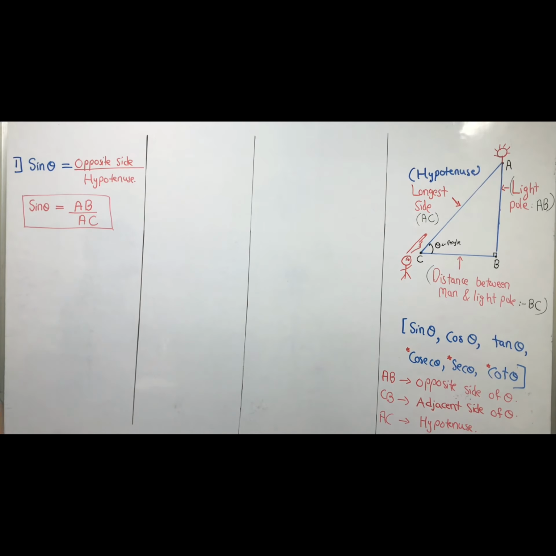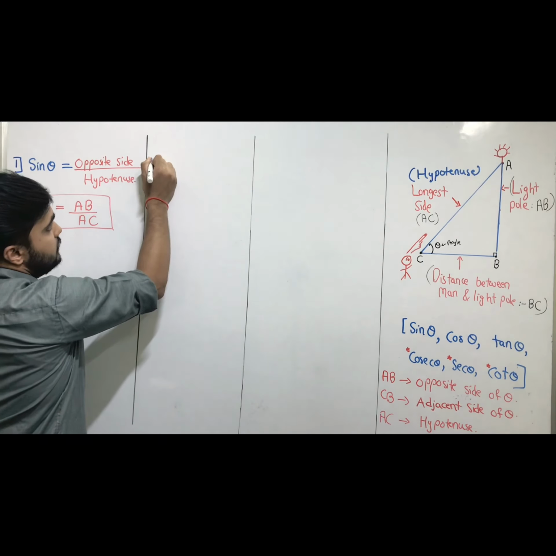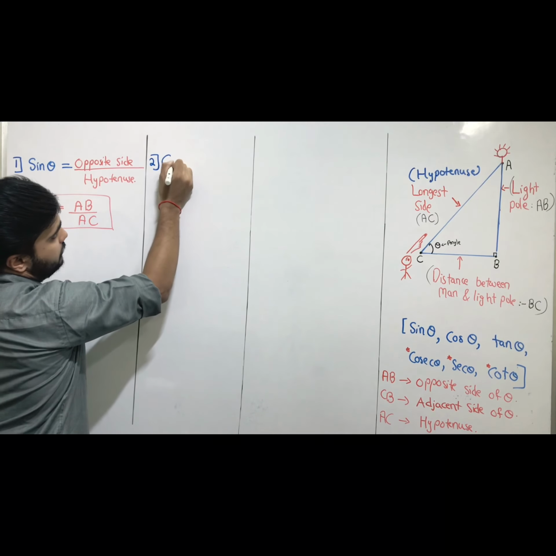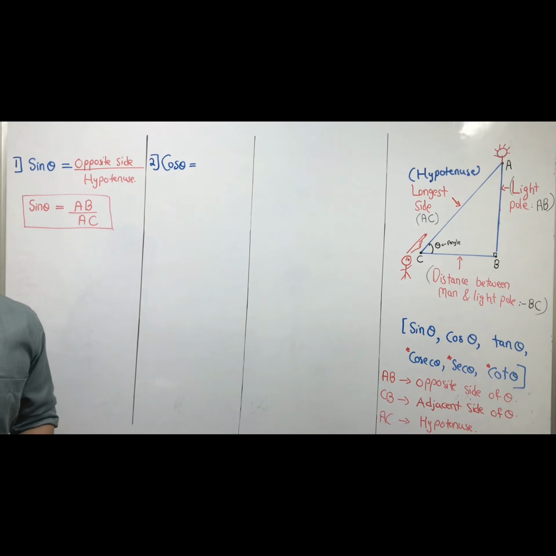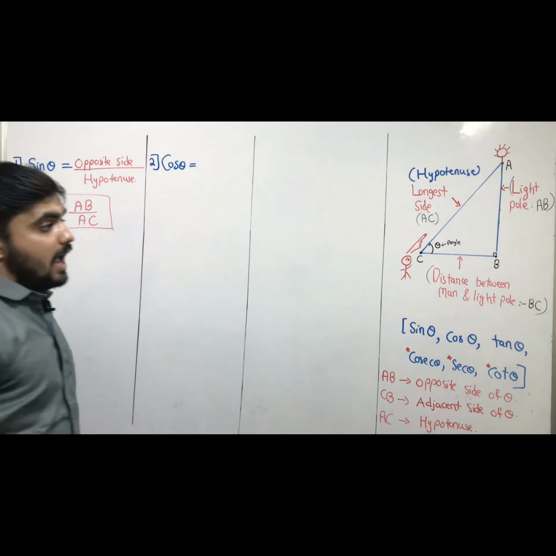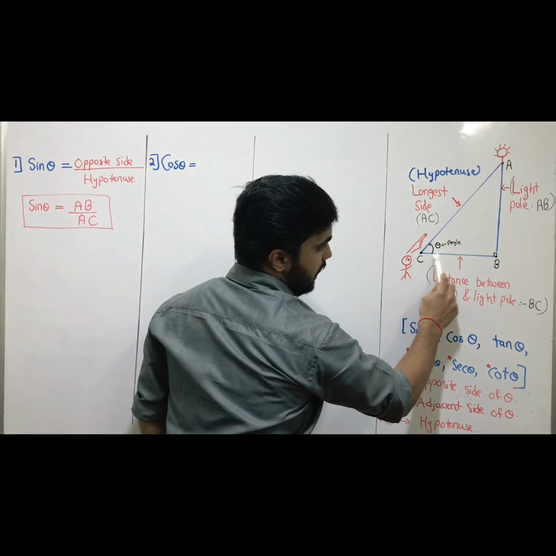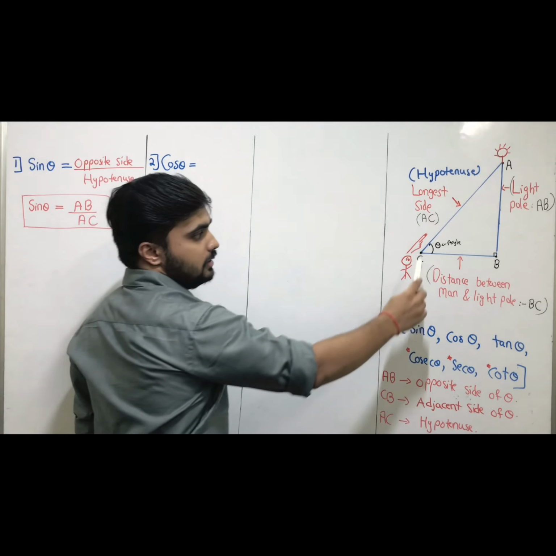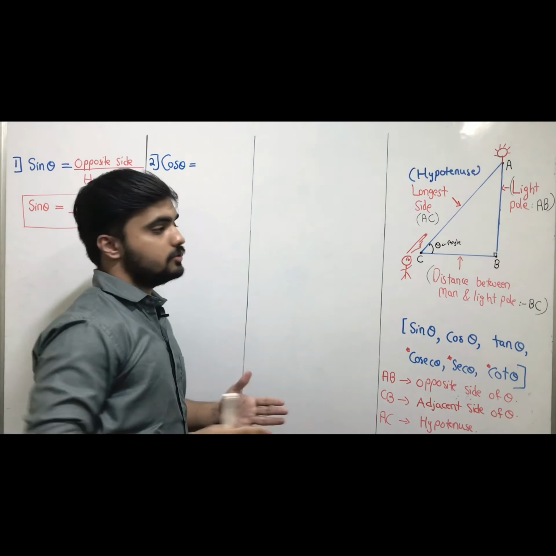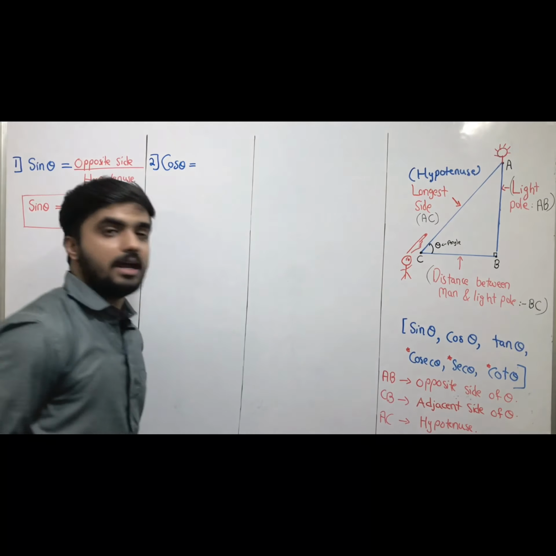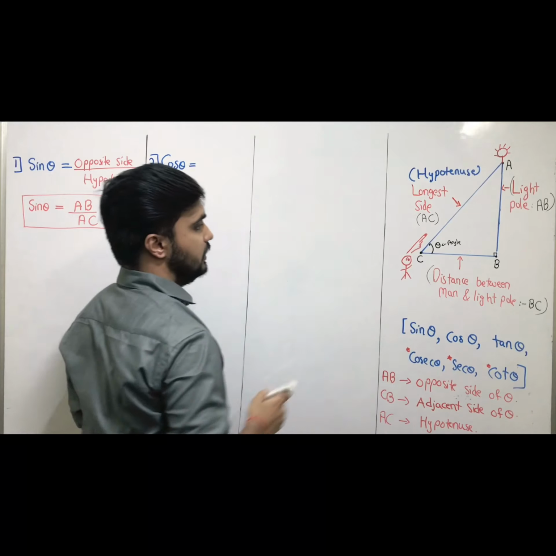Second, so second function is cos theta. Okay, so formula for cos theta is adjacent side, this adjacent side of theta. Theta is touching CB. So adjacent side means the side which stays next to it, that is adjacent side. So side touching theta.